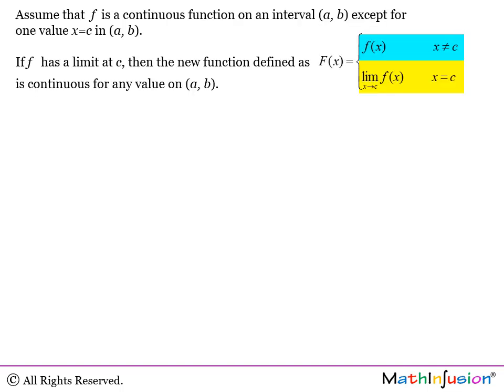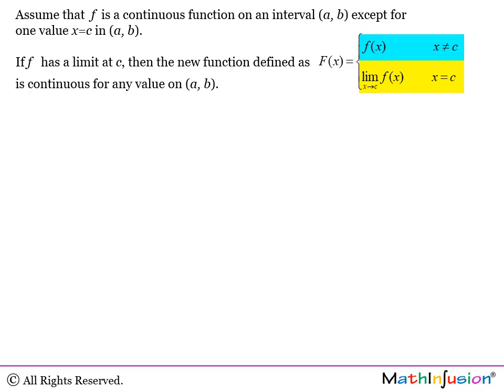Assume that f is a continuous function on the interval [a, b], except for one value x equals c on the interval [a, b]. If f has a limit at x equals c, then the new function that is defined as capital F of x equals, when x is not c, the old function f of x.